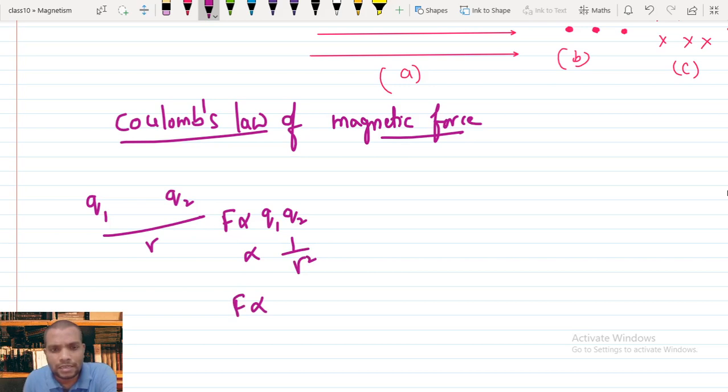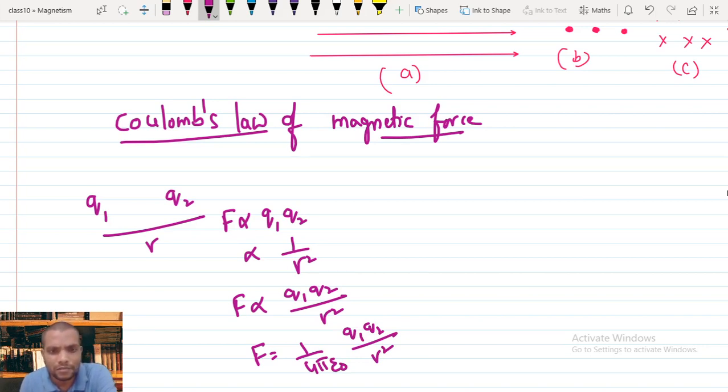So F is proportional to Q1 Q2 upon r square. We can remove the proportionality constant and make it equal. We get the final expression F equals 1 over 4 pi epsilon naught Q1 Q2 upon r square. This is Coulomb's law of electrostatics for two mono charges.